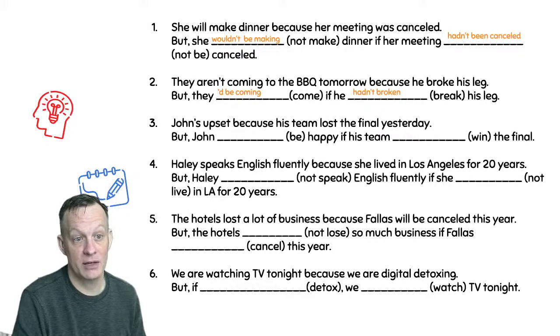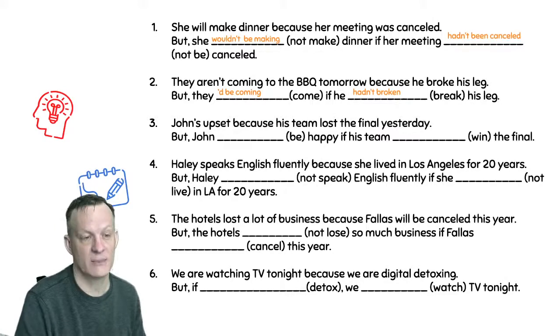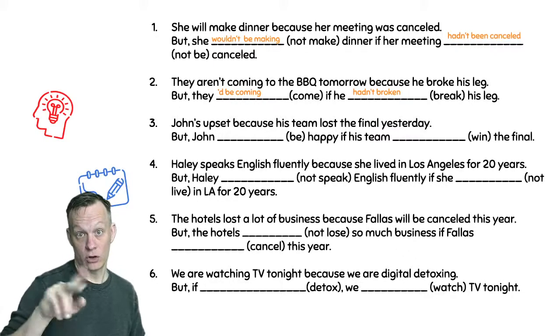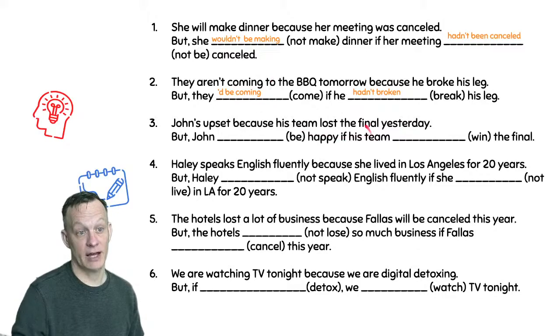John would be happy if his team had won. Isabel, straight out of the block, would be happier if his team would have won. Okay, Enrique, you cannot have would and would in the two clauses. Okay, remember, Enrique, if we have the if clause, you cannot have the would here.